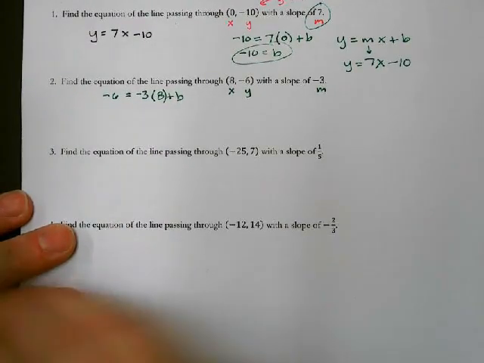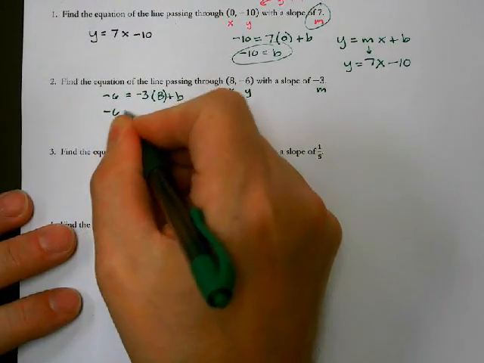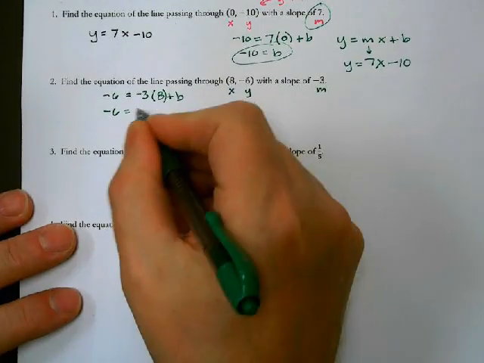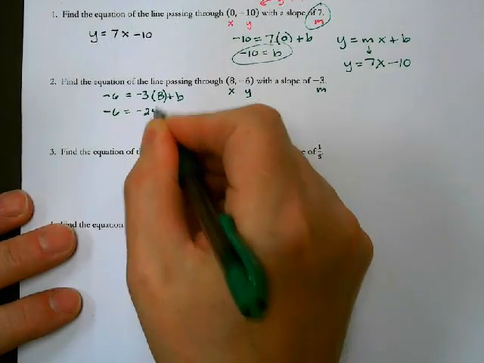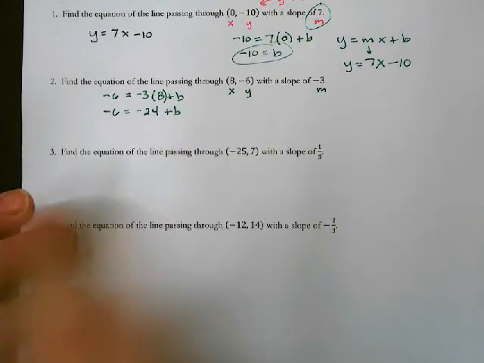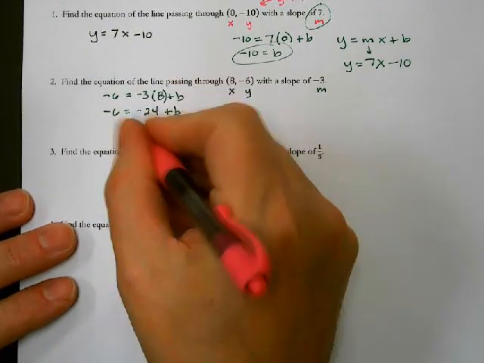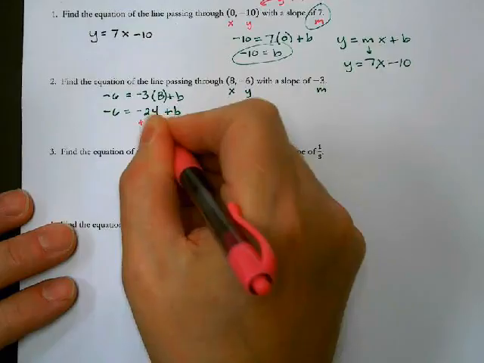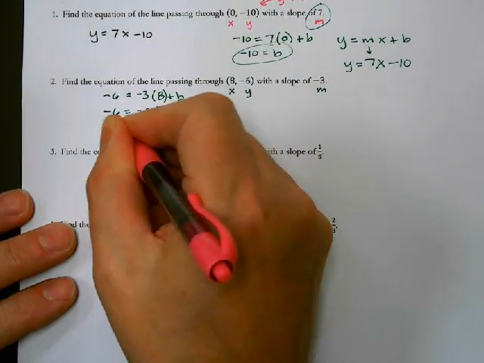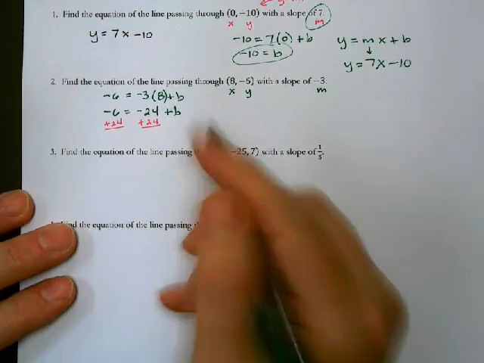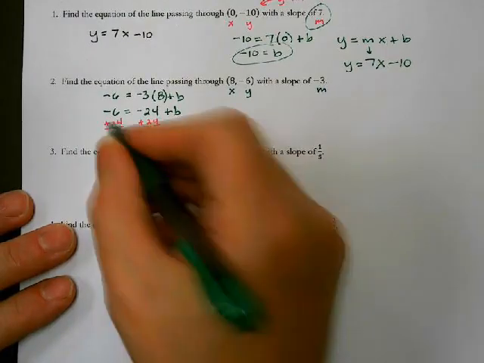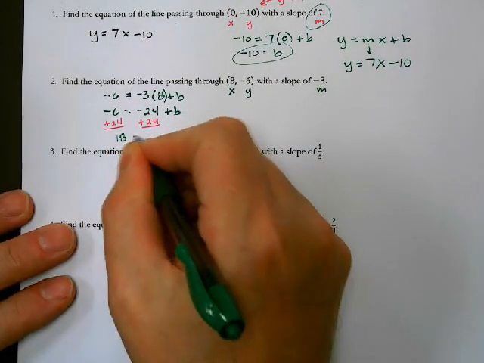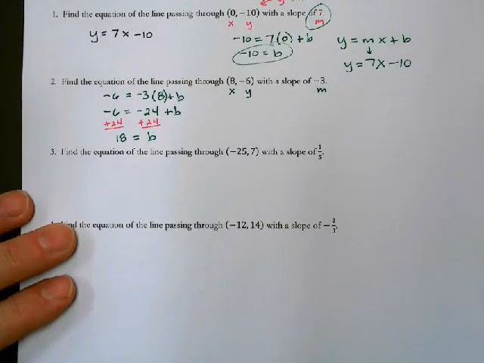So I got negative 6 equals negative 3 times 8 is negative 24 plus b. To solve at this point, I need to add 24 to both sides. 24 minus 6 is 18. There you go. B is 18. But this is not the answer.